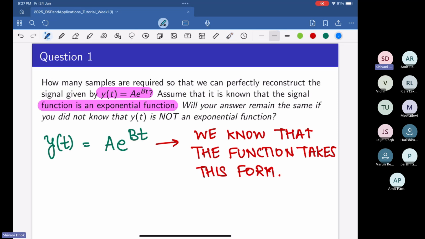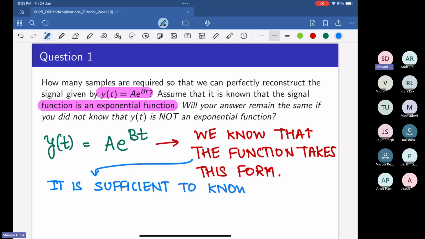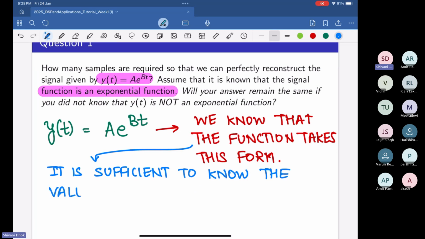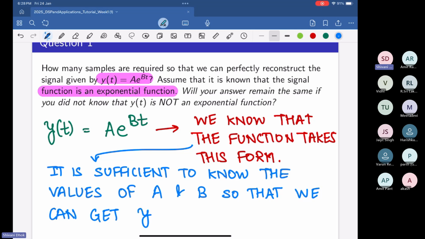So what I'm trying to say is, since we know that the function takes this particular form, it is sufficient to know the values of A and B so that we can get y of t equal to A into e power bt for all values of t.